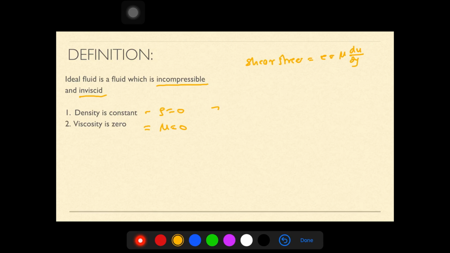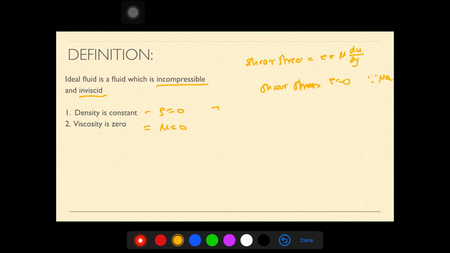So here you can see the whole shear stress tau will be 0 as this mu is 0, right? And we know this density is constant, that is incompressible.